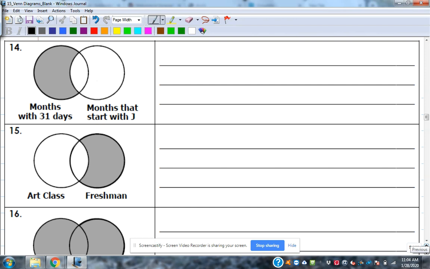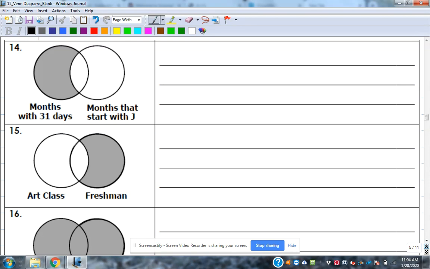All right, 14. You got this little Venn diagram. On the left circle, it's months with 31 days. What months have 31 days? All of them. No. Wait, I got it. 30 days in November, April, May, and December.